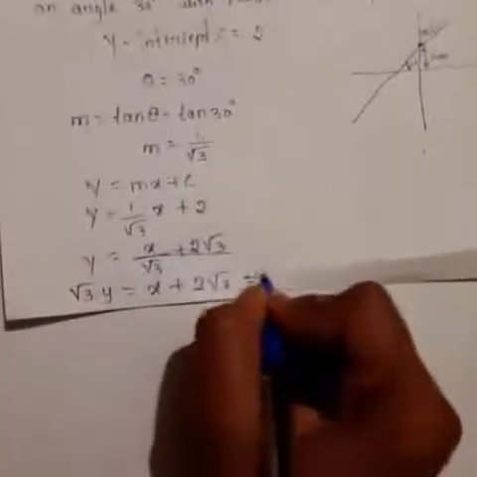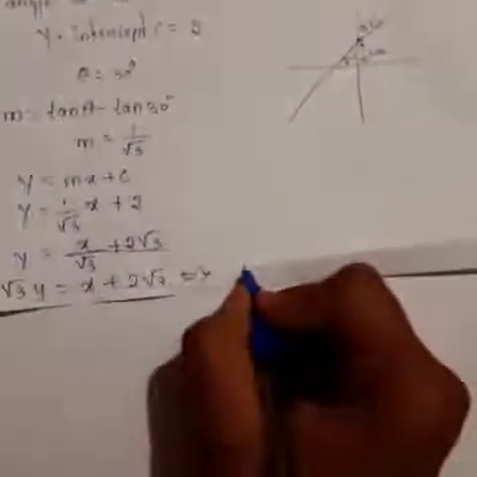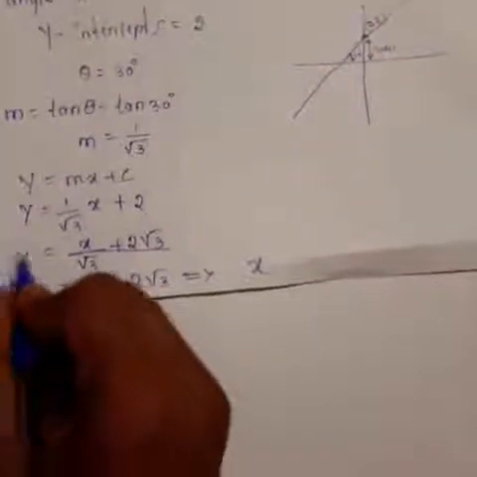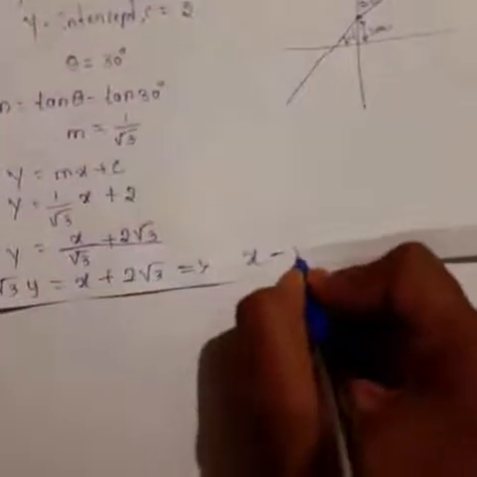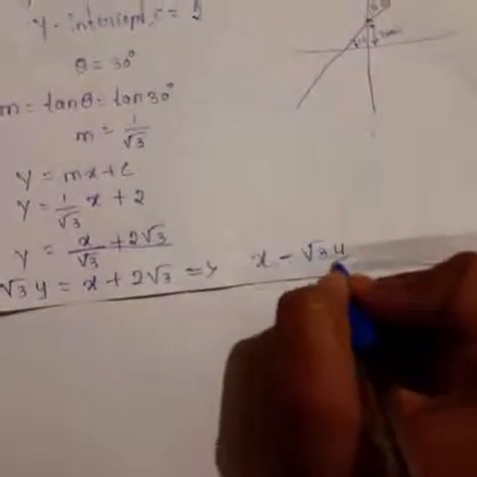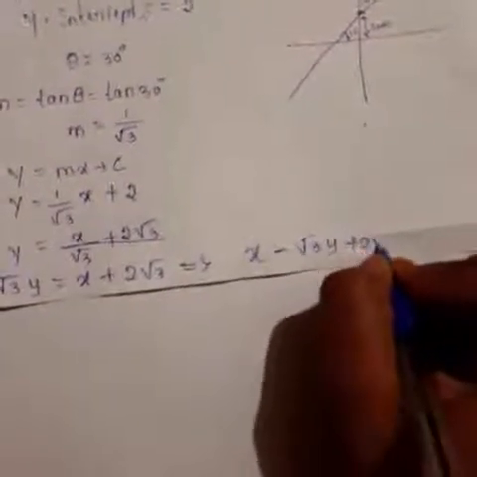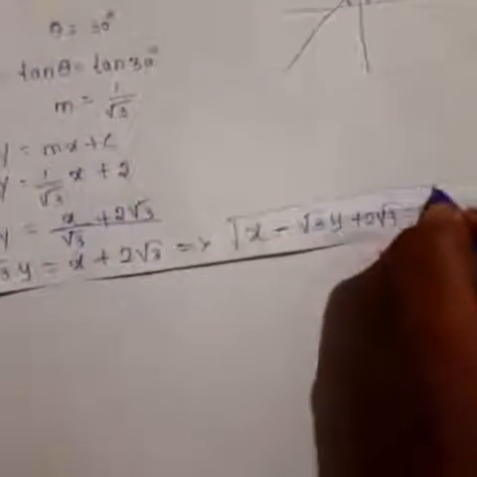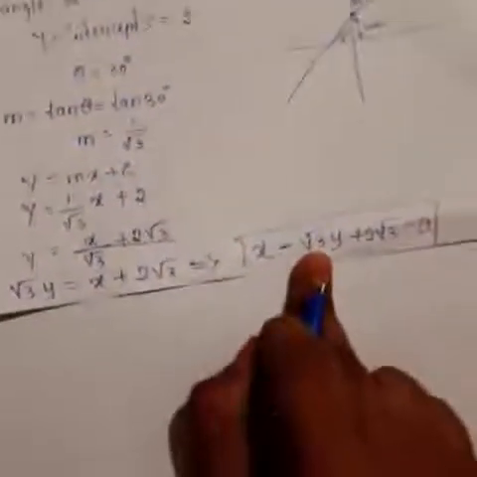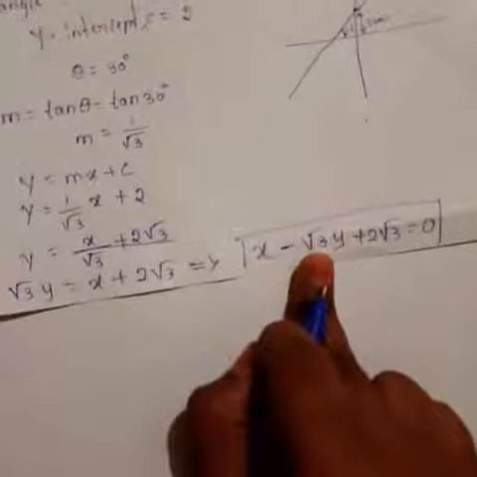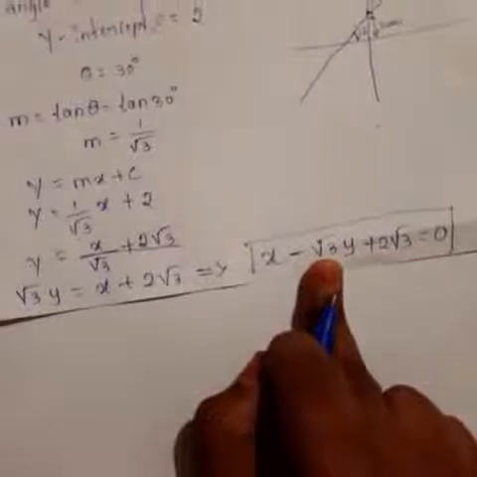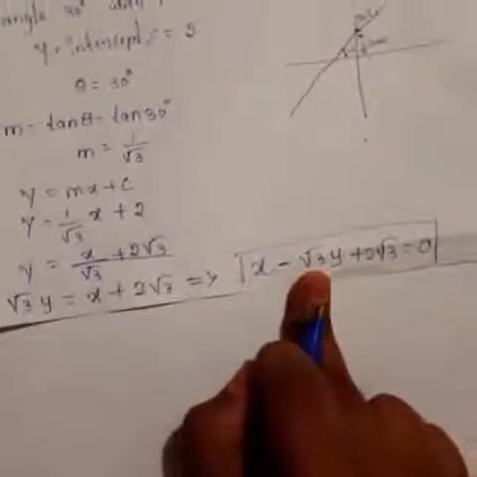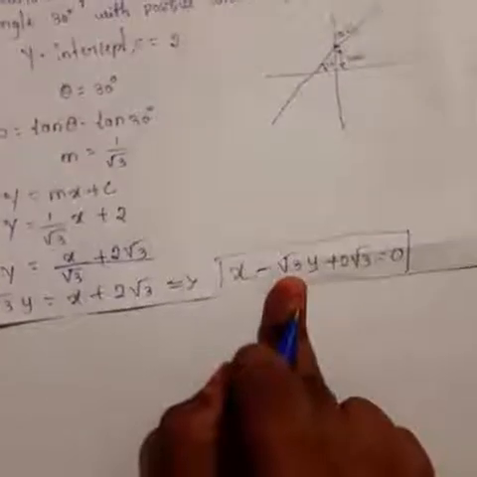This implies the final answer is x, and this term goes to the RHS side. It becomes x minus root 3y plus 2 root 3 is equal to 0. This is your equation of the line where the y-intercept is at a distance of 2 units above the origin and making an angle of 30 degrees with the positive direction of the x-axis: x minus root 3y plus 2 root 3 is equal to 0.